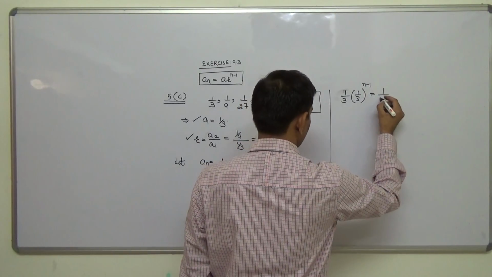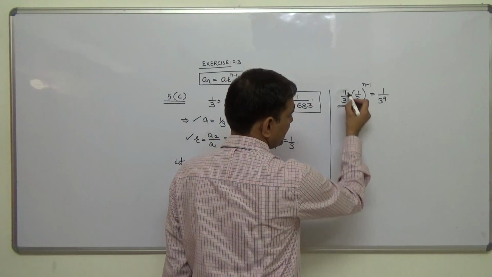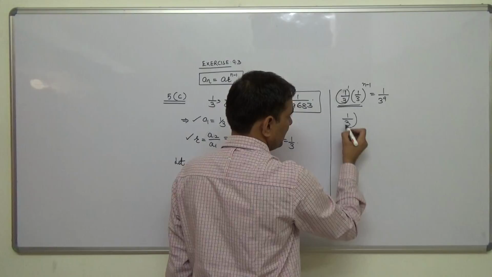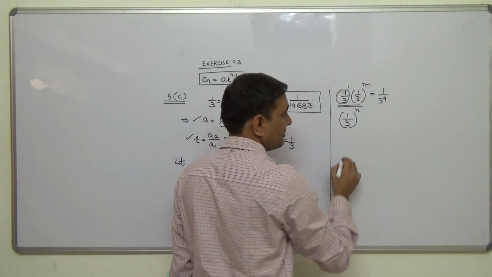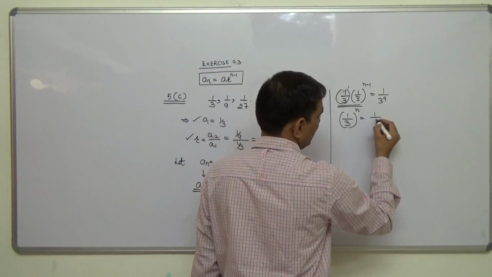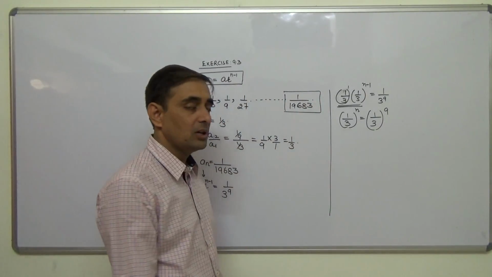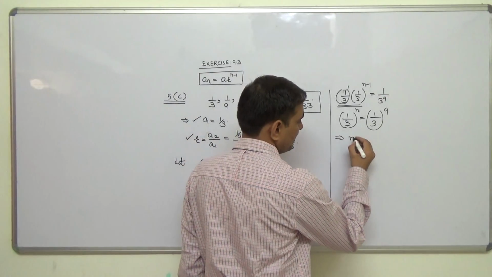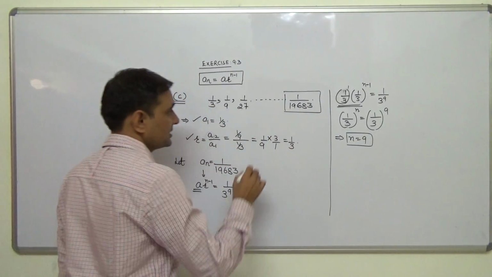This is 1 upon 3 to the power 9. लेफ्ट साइड में बेस हमारे पास सेम है, पावर्स ऐड हो सकती हैं, so it will be 1 upon 3. This is 1 power, this is n minus 1 power, so ऐड करेंगे तो ये n पावर हो जाएगी. So by comparison n is equal to 9. Meaning the ninth term of the sequence is this.